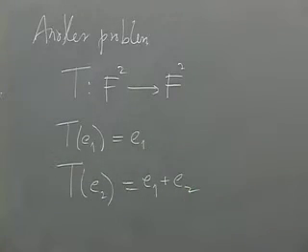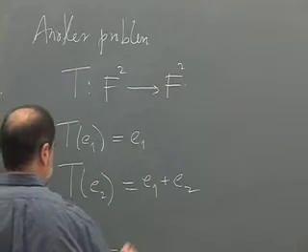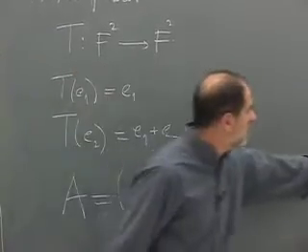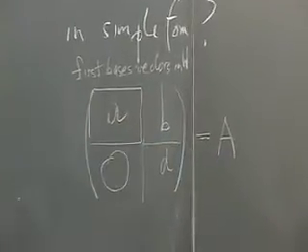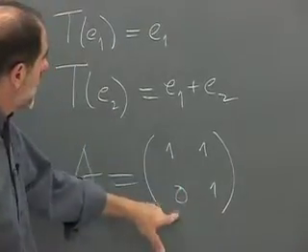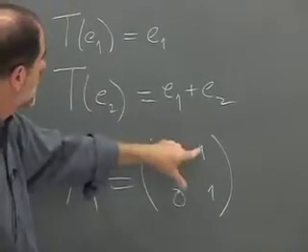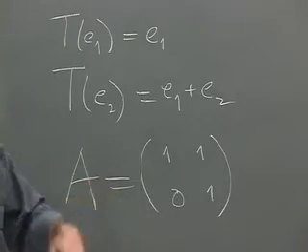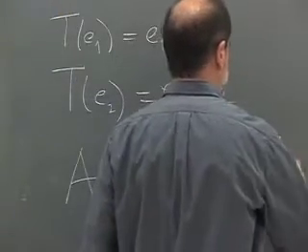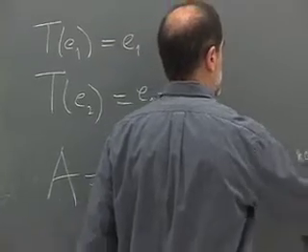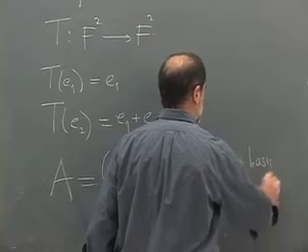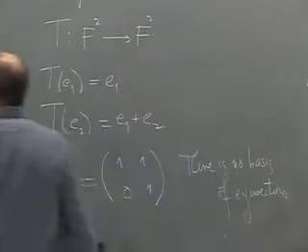Now, if you take the matrix of that T, it looks like this: 1, 0, 1, 1. Here T of e1 is e1 plus 0 e2, and here T of e2 is e1 plus e2. I claim there is no basis of eigenvectors, even though there's one eigenvector. In the rotation example there were no eigenvectors.